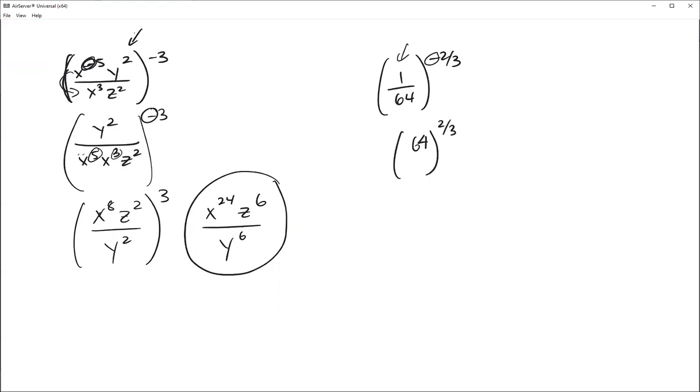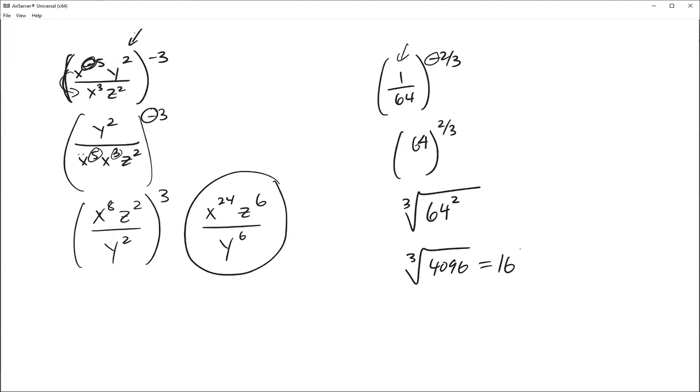And this becomes 64 squared, the cube root of it. 64 squared is 4096. So the cube root of 4096 is 16.